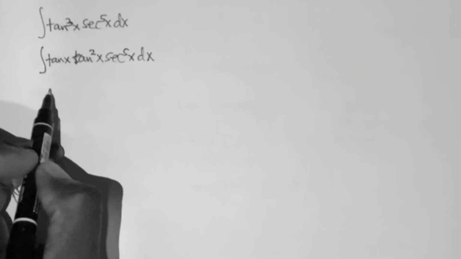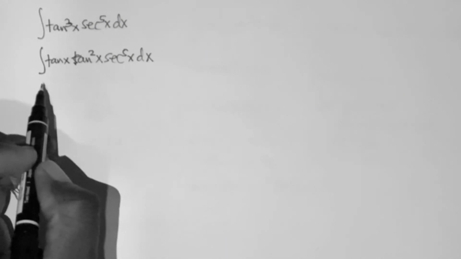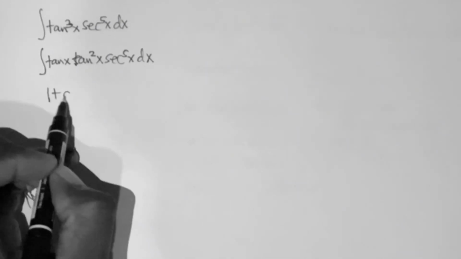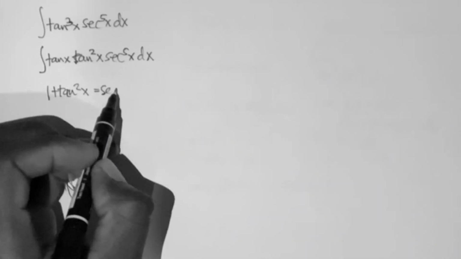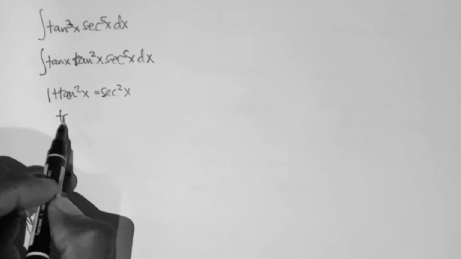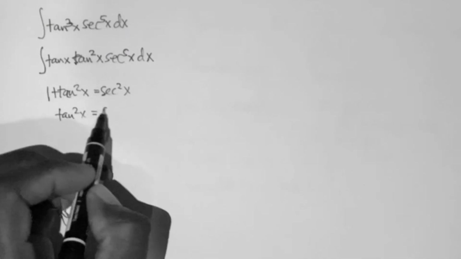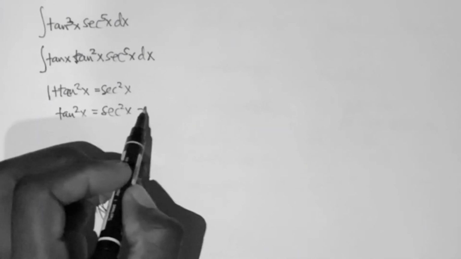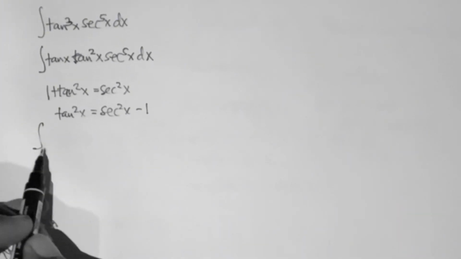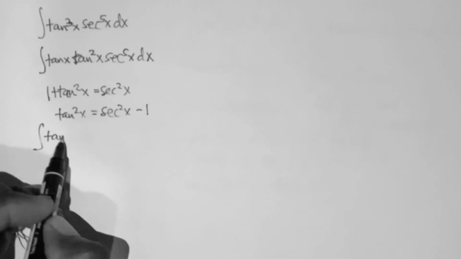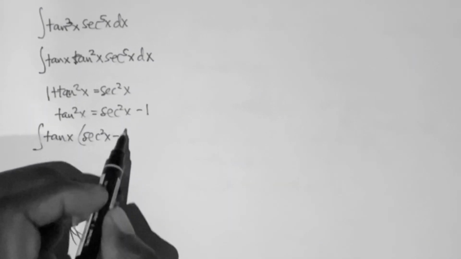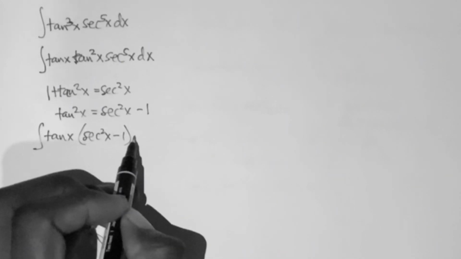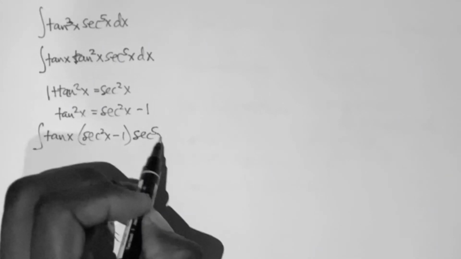But then we know that from trigonometric identities, 1 plus tan^2 x is equal to sec^2 x, and therefore tan^2 x is equal to sec^2 x minus 1. So the integral becomes integral of tan x, then in brackets sec^2 x minus 1, and then times sec^5 x dx.